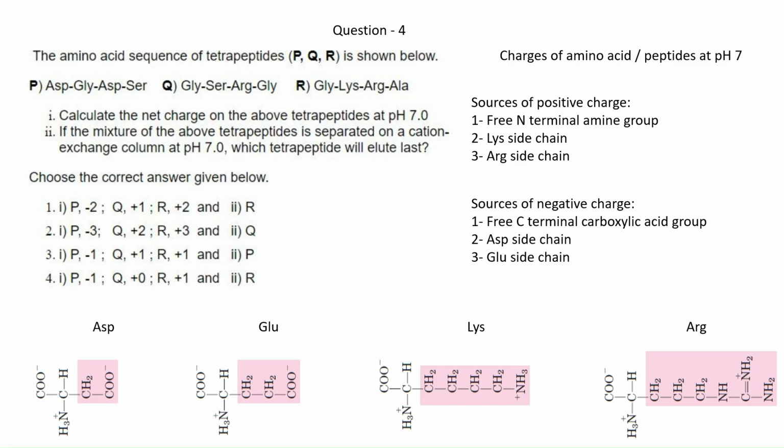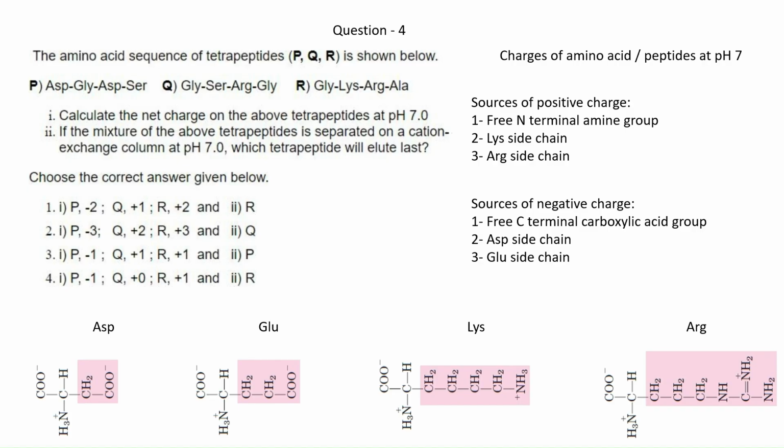Now for the first peptide P, there are 2 aspartate groups, which means 2 negative charges, that is -2. And if you look at the options, you can see that only one of the options has the charge of P as -2.